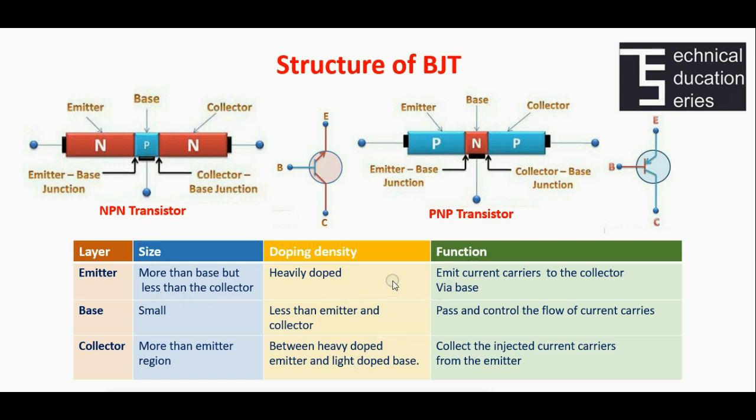And the function of the emitter is to emit current carriers to the collector via the base, the function of the base is to pass and control the flow of carriers, and the collector is meant to collect the injected carriers from the emitter.